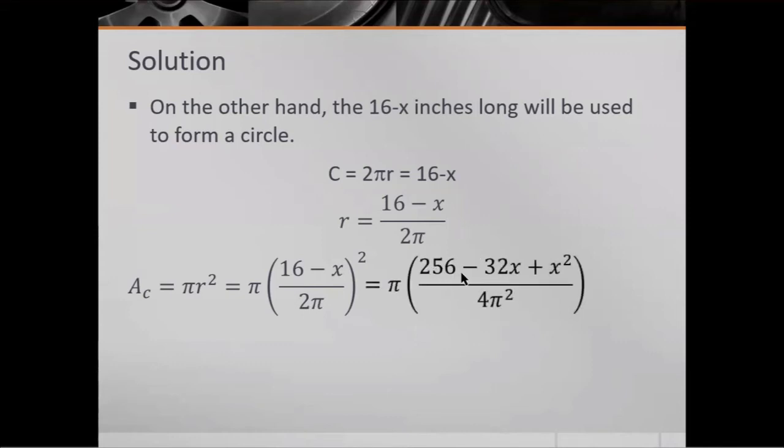So we have 256 minus 32x plus x squared all over 4 pi squared. Then yung pi factor, pwede na ito makancel out, no? So kaya yung magiging denominator natin, 4 pi. Okay, so we have the area of a circle equals 256 minus 32x plus x squared all over 4 pi.